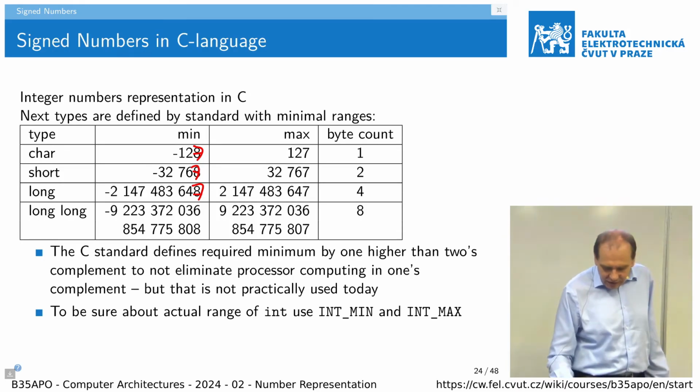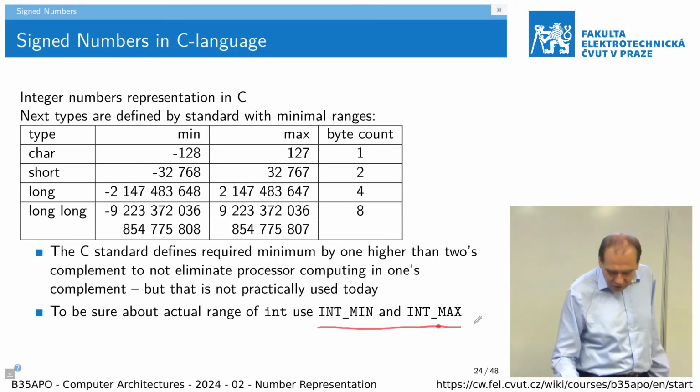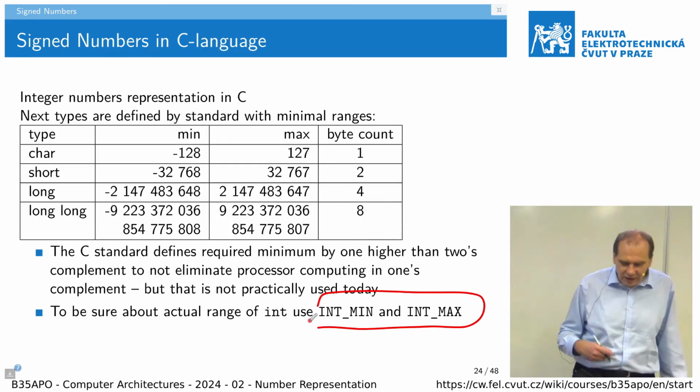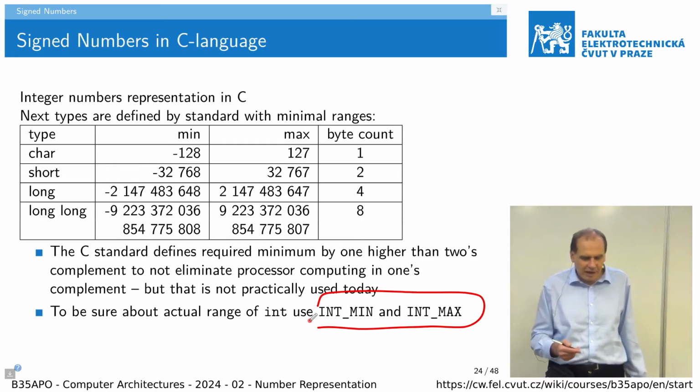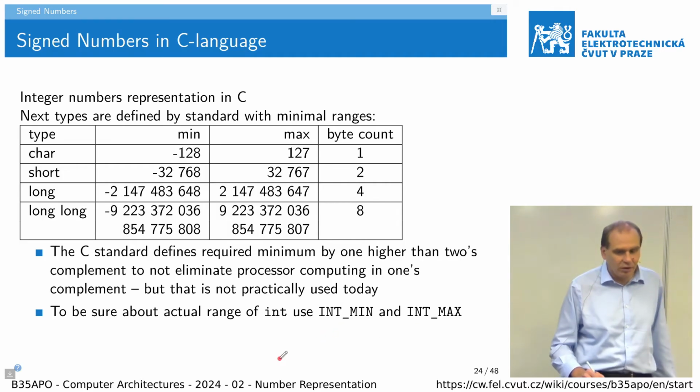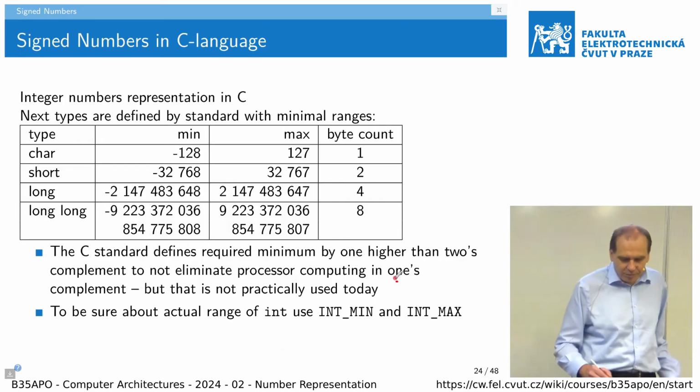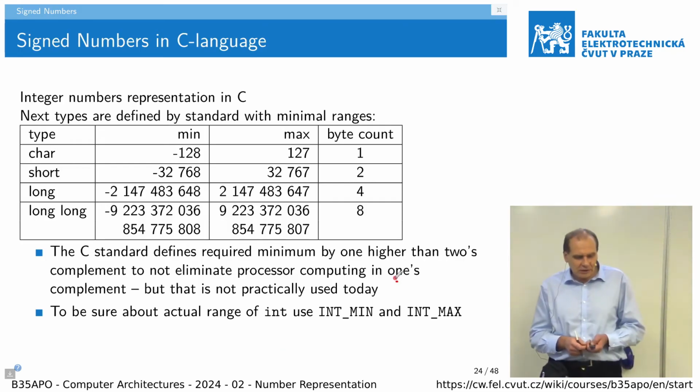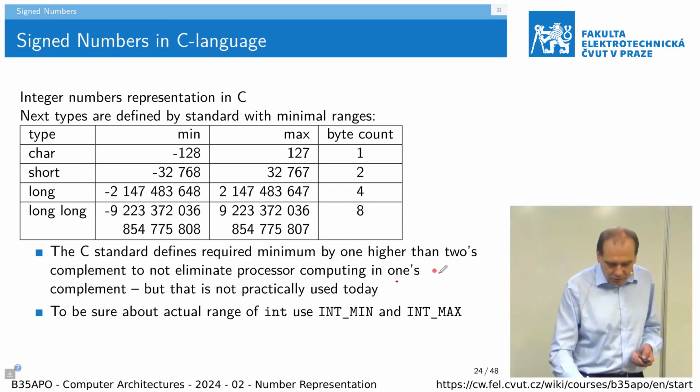Anyway, if you want to know for the concrete, for the actual current system where your program runs, those minimum and maximum, then you can ask INT_MAX, LONG_MAX, MIN, and so on, and check if your input fits into the range which can be used for the computation.